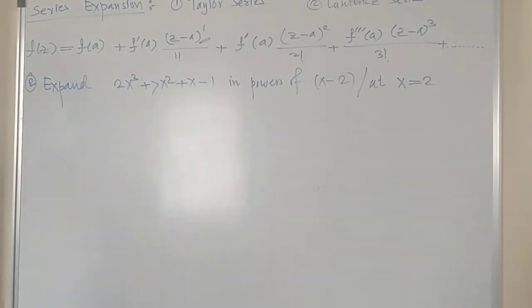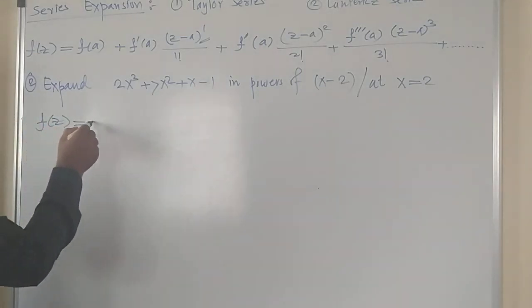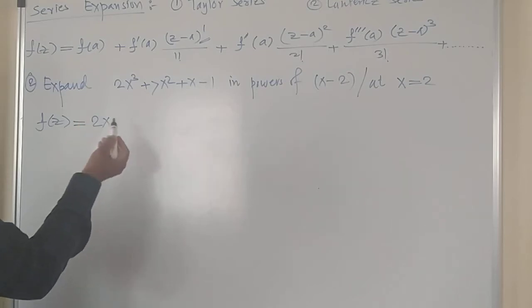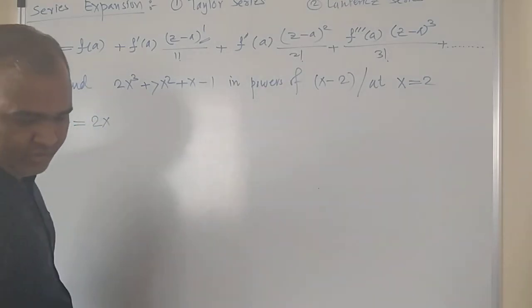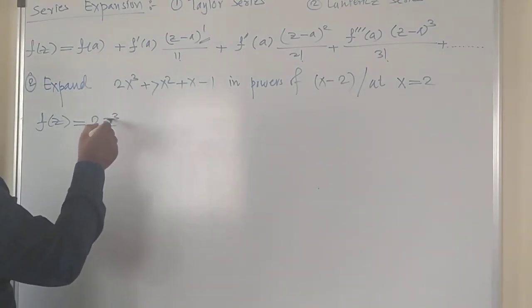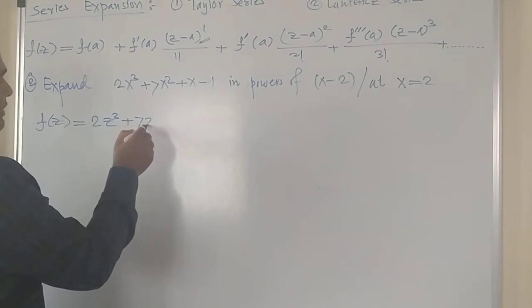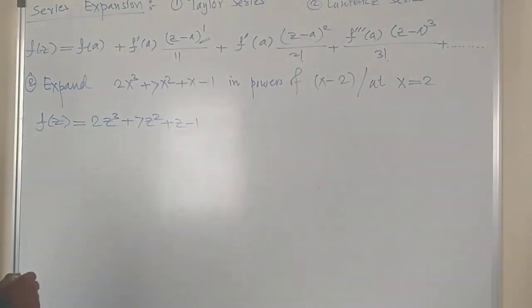So use the same kind of approach. So what is your function? f of z equals 2x cube, or 2z cube. Let me write z cube only. So this is 2z cube plus 7z square plus z minus 1, right?